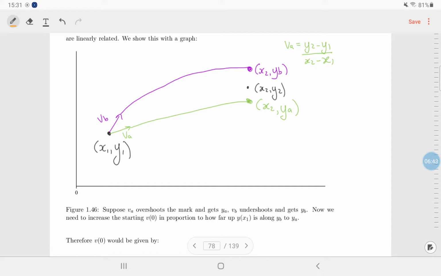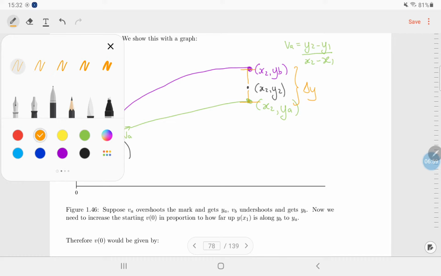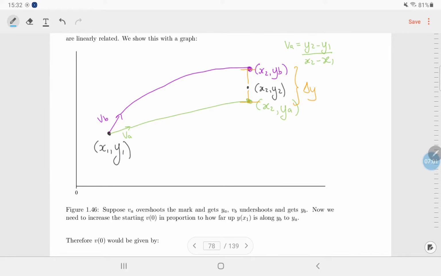I'm going to call this distance here, the difference between these two, a change in y. The difference between the slopes is a bit harder to see on the picture, so I'm going to call it delta v.